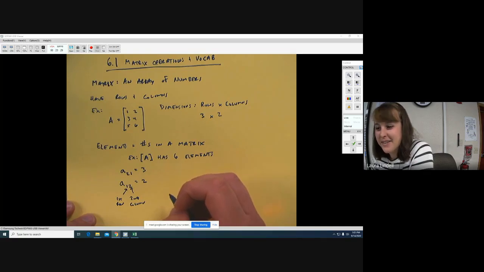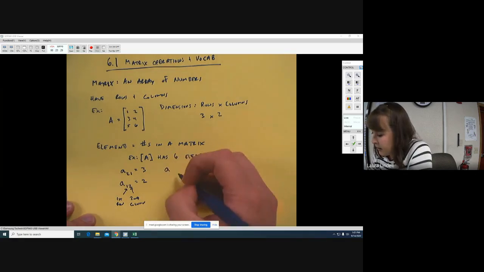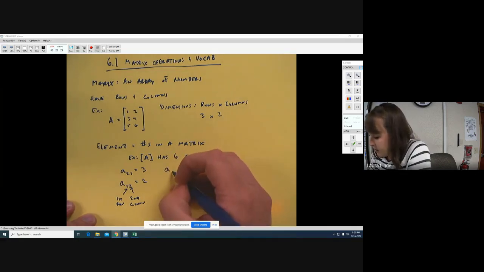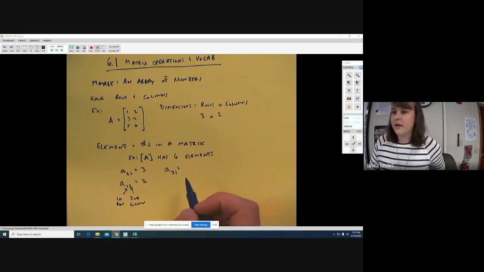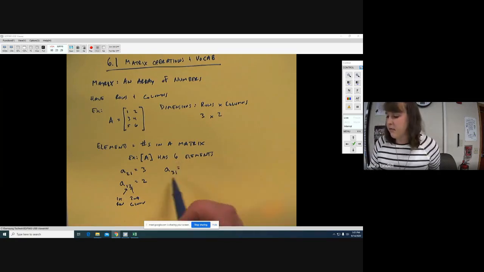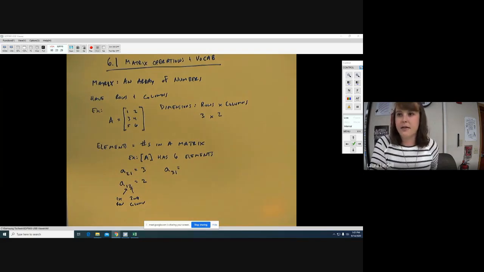We get announcements. Okay, so on your own real quick, what is element, we'll go with 3, 1. Go ahead and try that on your own really quick. Which number is 3, 1? Once you think you got it, type it in the chat.